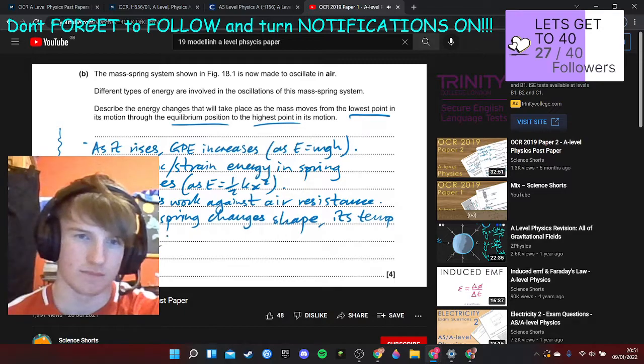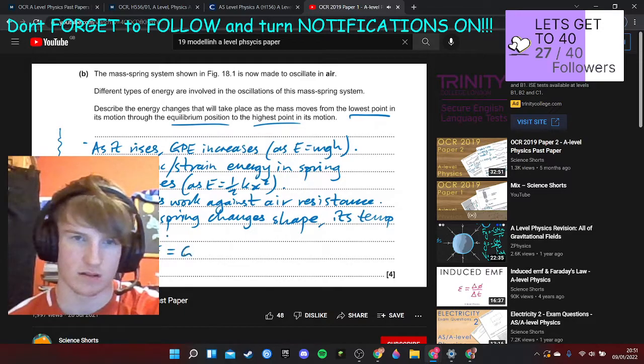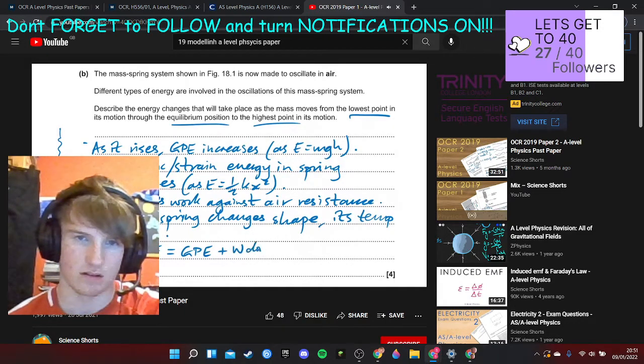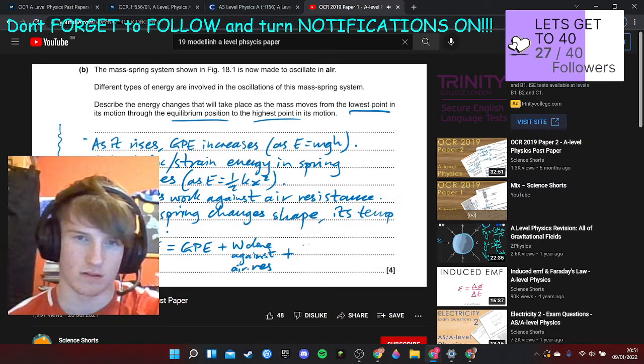Therefore, the elastic potential energy gets turned into GPE plus work done against air resistance plus heat produced in the spring.